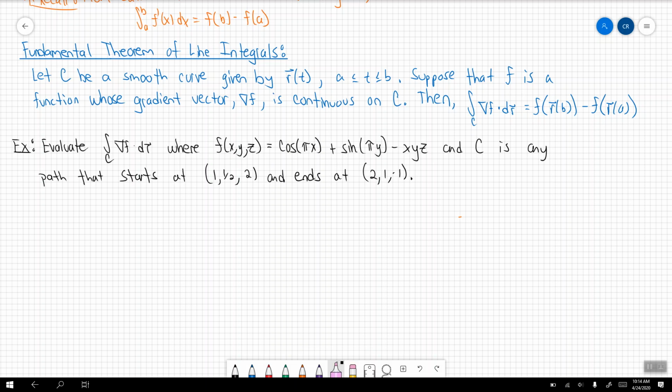I want you to pay attention to this: C is any path as we move through this specific vector field.